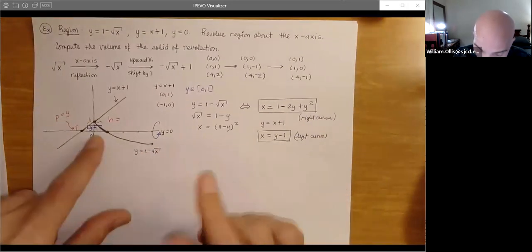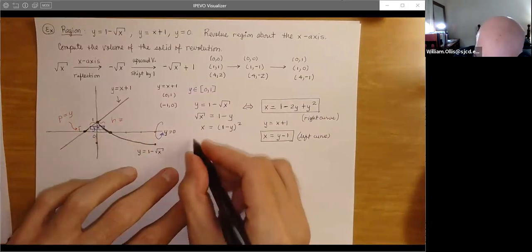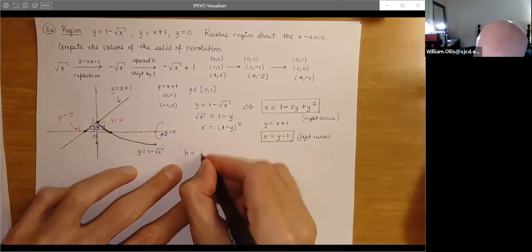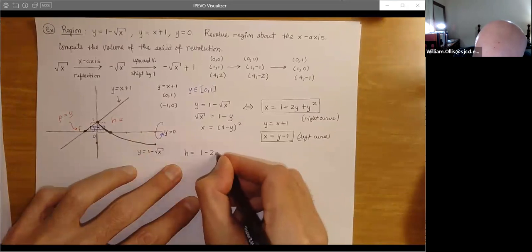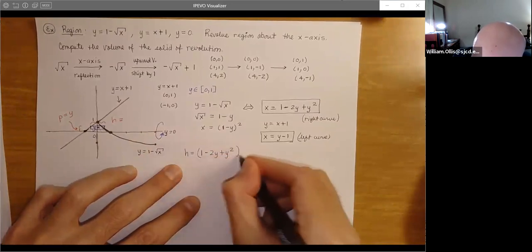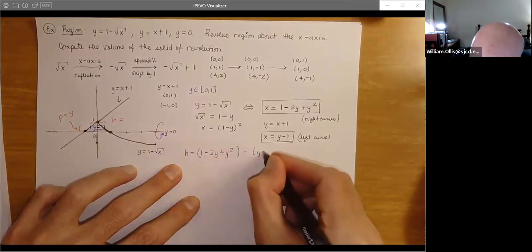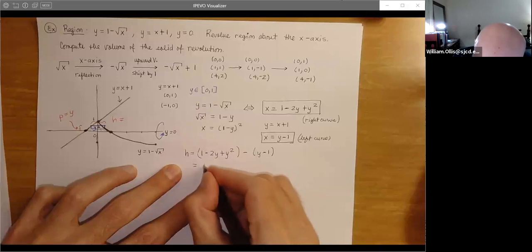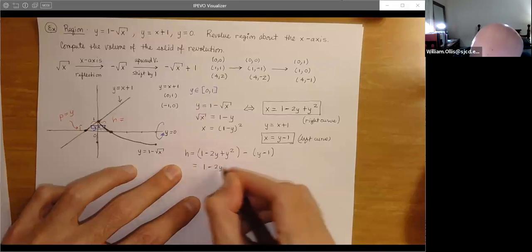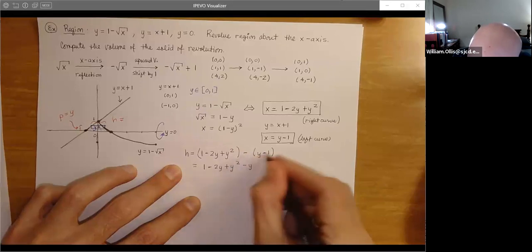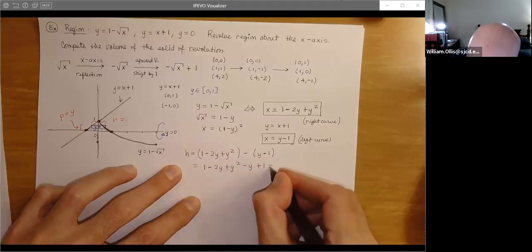So now we can solve for h. I can fill this in. Let's do the computation. So h equals the right curve, 1 minus 2y plus y squared, minus y minus 1. So we get 1 minus 2y plus y squared minus y minus minus plus a 1.